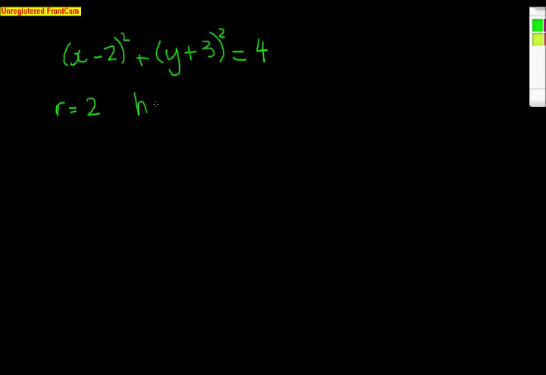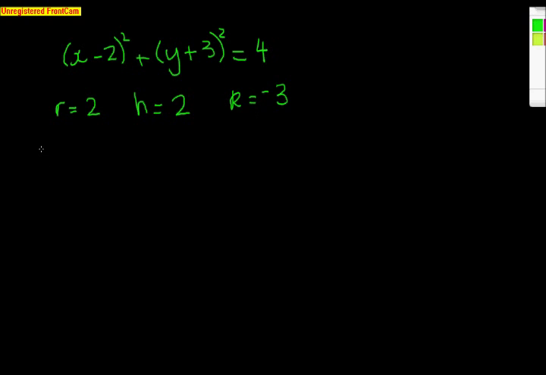Our h here is 2, not negative 2. When we've got the equation, the h and k values are the opposite signs to our equation, as you may have noticed in the PowerPoint. And here our k is going to be negative 3.